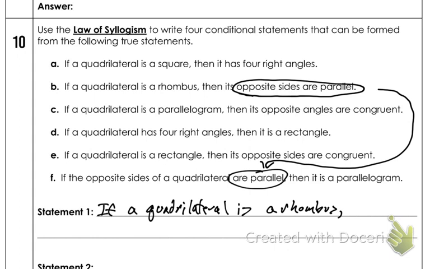If a quadrilateral is a rhombus, we start there, we paste it, and we end with, then it is a parallelogram. And I got that from here.